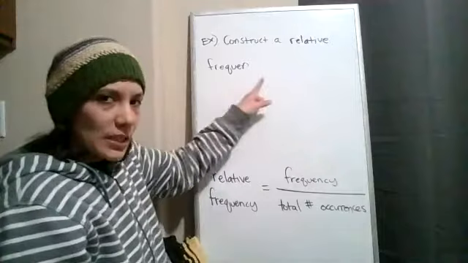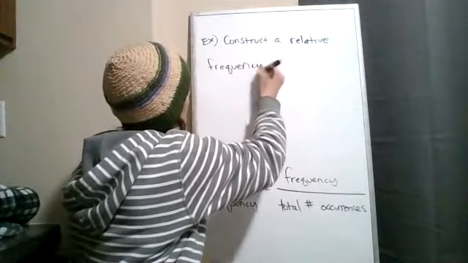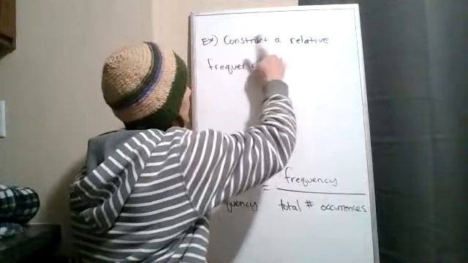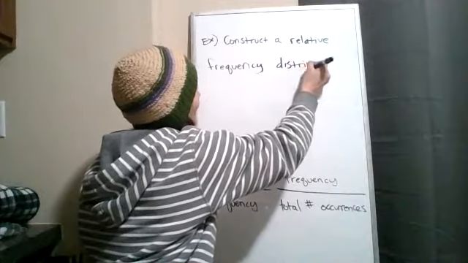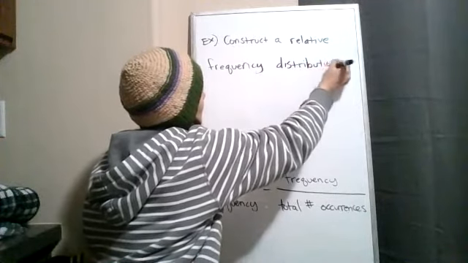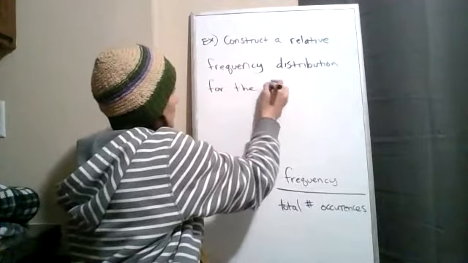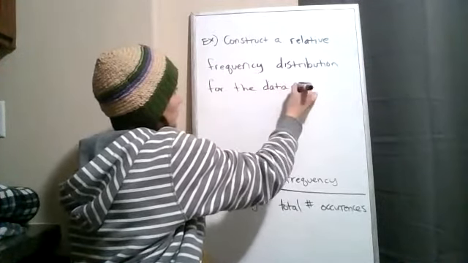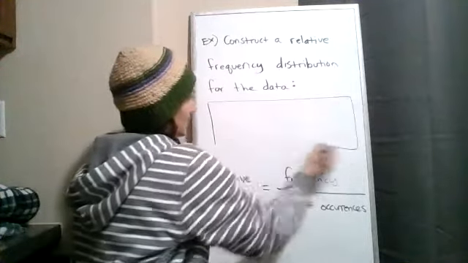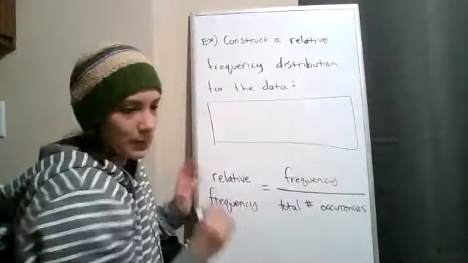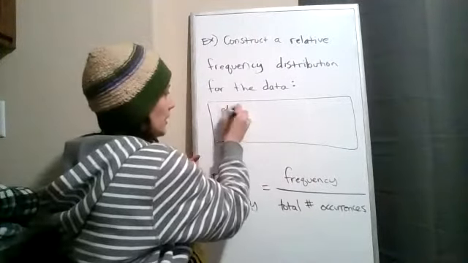Okay, relative frequency distribution for the data. I put alpha, beta, beta, alpha as the first row.